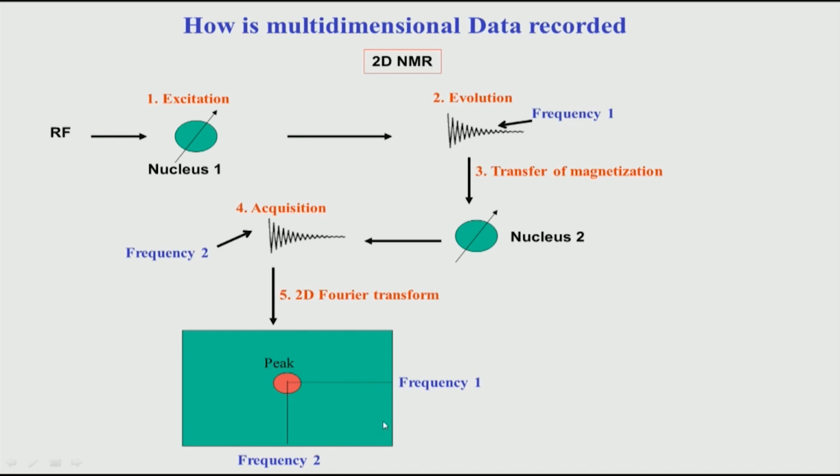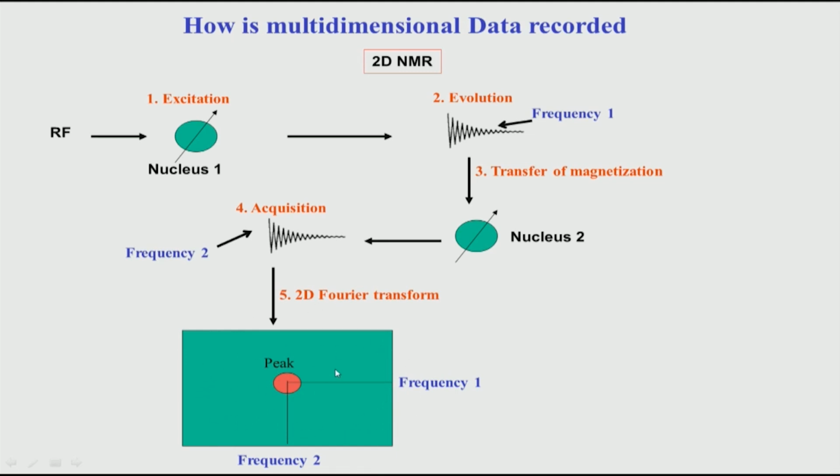By doing this Fourier transform, we get the information of this chemical shift directly connected to this chemical shift, and that connection is not possible if I do a separate 1D here and a separate 1D here. But because I am directly going from one nucleus to the other, I have actually got them connected to each other by J coupling, and that connection shows up in the 2D spectrum, which is shown here.